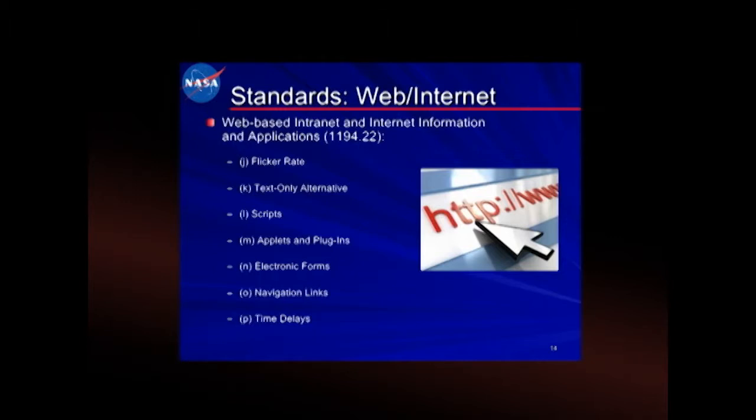And the navigation links. What that means is a lot of websites have these navigation links on the side or across the top, and they're repeated on every single page. Well, if you can imagine someone using a screen reader or some other device, every time they get to a page, they have to listen to that every single page, next page, every single page, and then they finally get to the content.